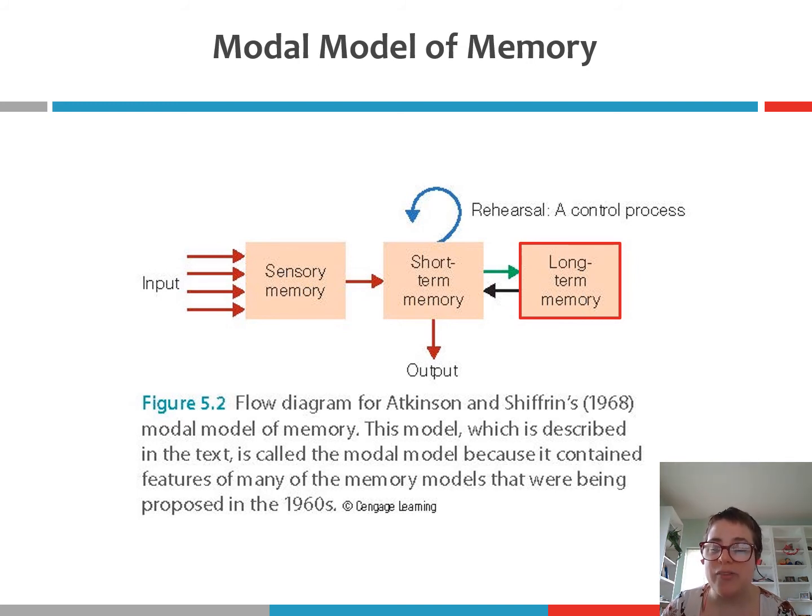So if you think about the meaning or semantic content of information, it allows you to apply that information to stuff that's already in your long-term memory, right? So if you take new incoming information and relate it to stuff that's already in your long-term memory, that's going to ensure that you're able to access that information later on, rather than simply saying it over and over to yourself in what's called maintenance rehearsal.